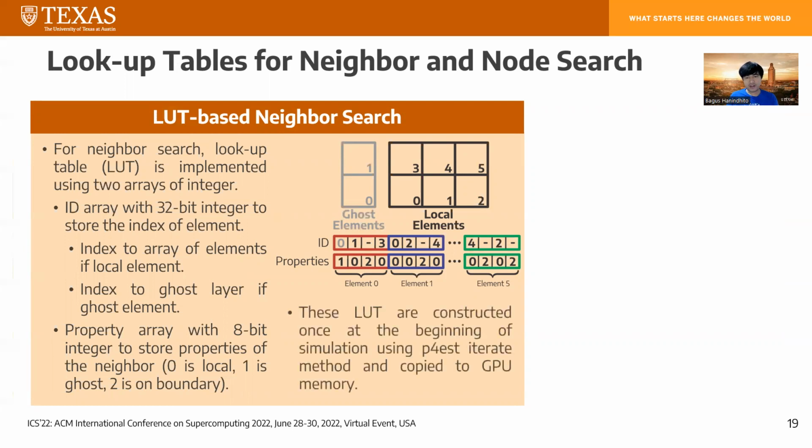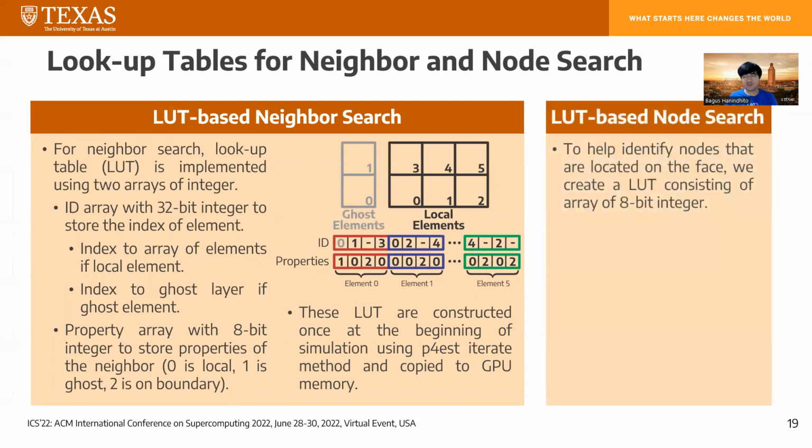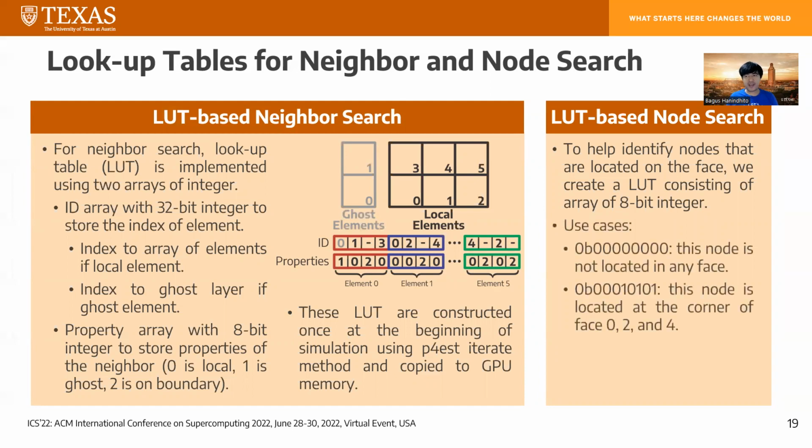And these LUTs are constructed once at the beginning of the simulation and copied to GPU memory. LUT-based node search is used to find out which nodes are located on which faces, and it consists of 8-bit integers. And it is stored in GPU constant memory.